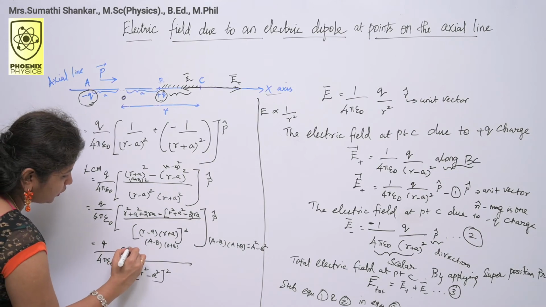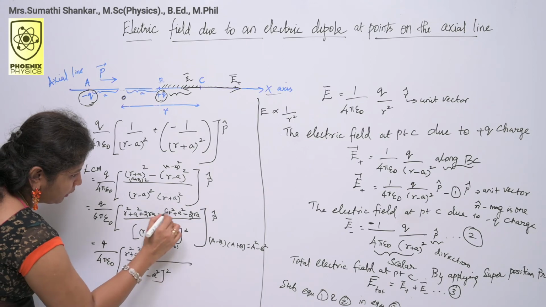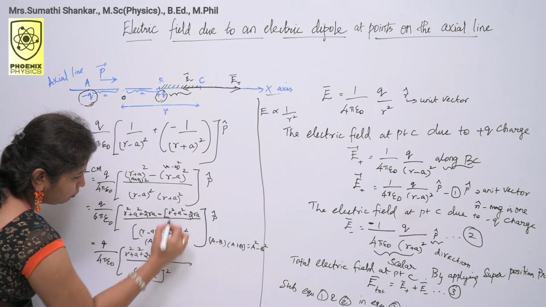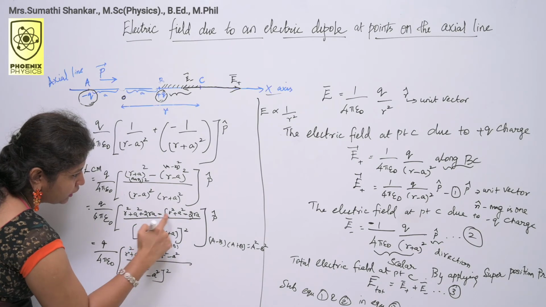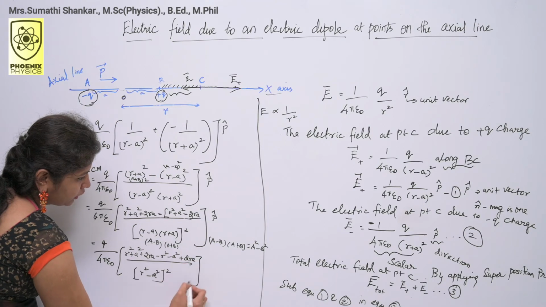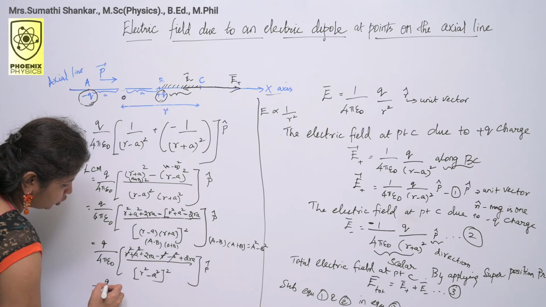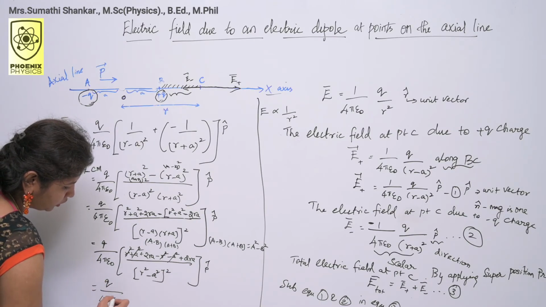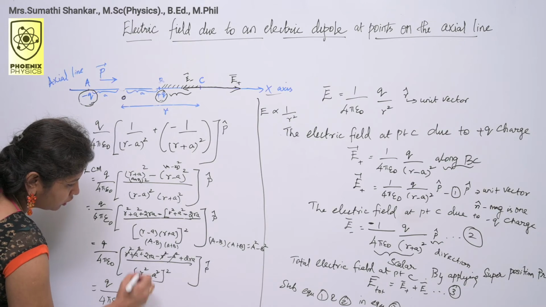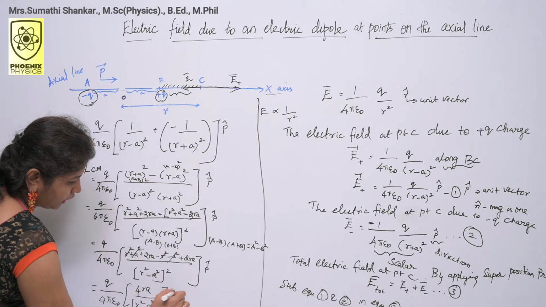Then here, R square plus A square plus 2RA minus R square minus A square. Here minus into minus is plus, so plus 2RA P cap. Cancel this. So finally you can get Q by 4 pi epsilon naught 4RA divided by (R square minus A square) the whole square into P cap.